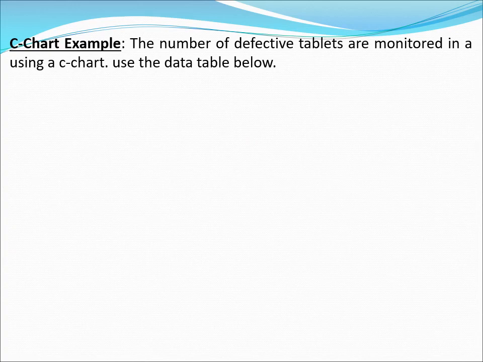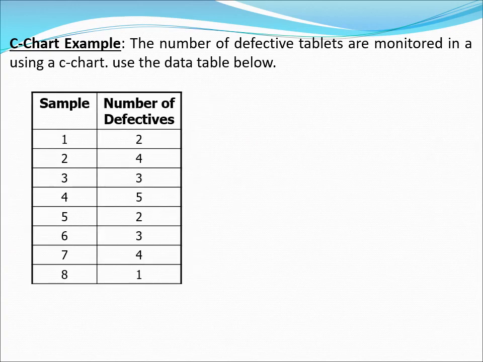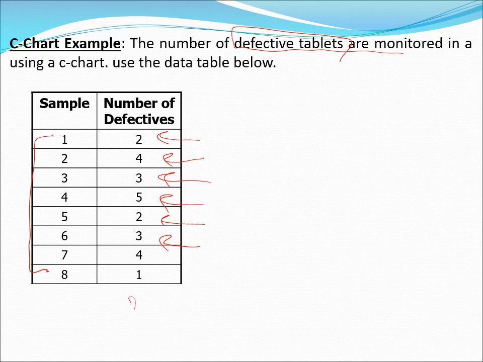Here we have an example of a C chart. Of course, as usual, a C chart is about defective tablets in packaging. Here we have 8 samples, and in every sample there is a number of defective tablets. What we have to do now is calculate the total. For example, the total is 20.